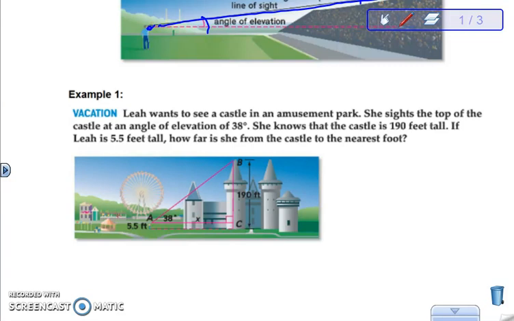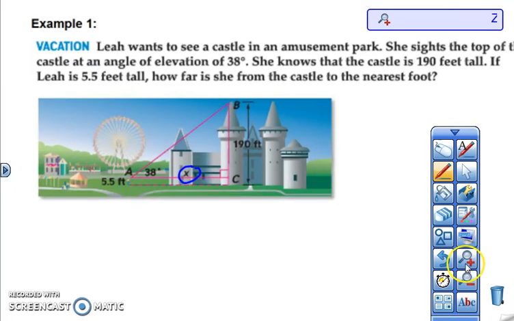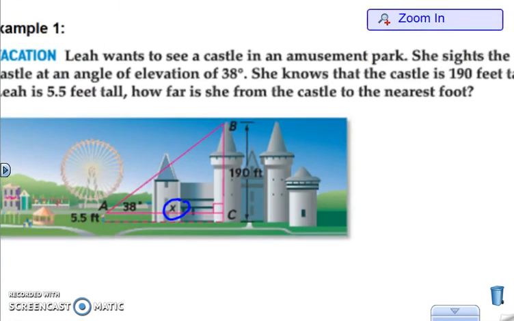So if we look at this example here, we want to solve for how far she needs to stand from the castle. We're given the height of the castle and the angle of elevation from her vantage point. So notice that 190 feet goes all the way to the ground.